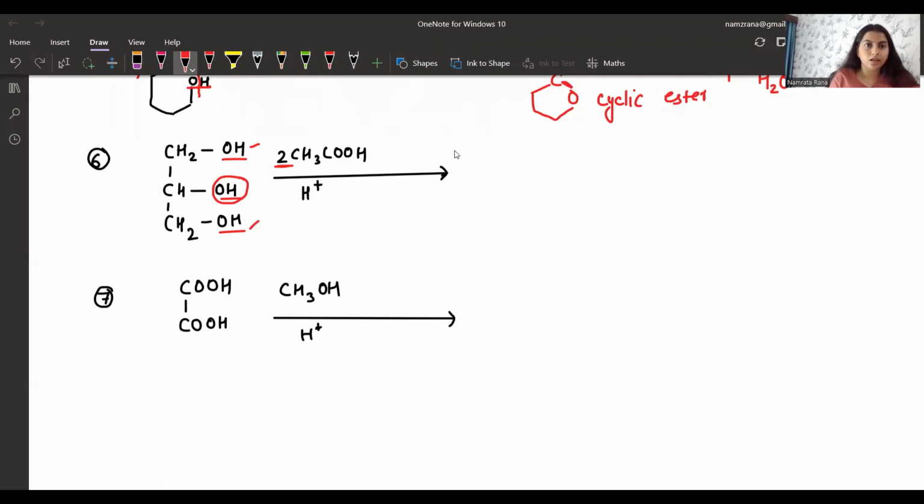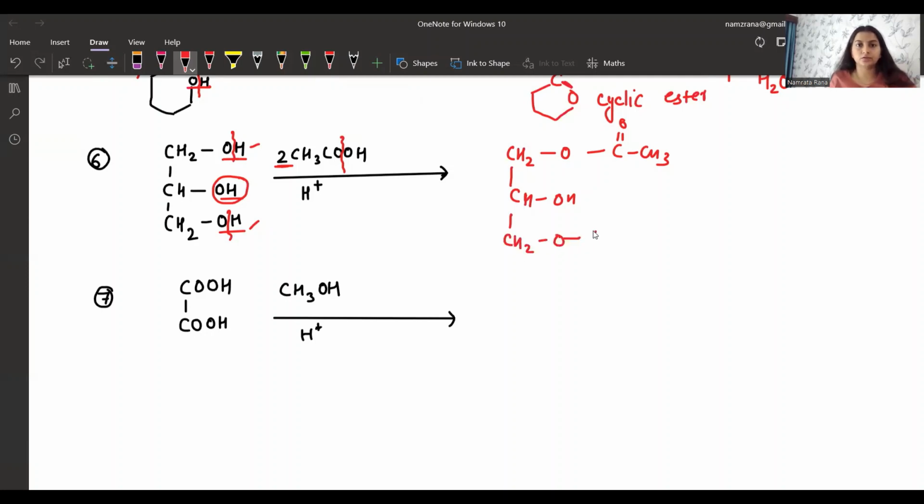So we need to cleave this OH bond and this OH bond. You need to cleave this COOH bond of the acid. You will be getting CH2O, C double bond O and CH3. This CHOH remains as it is because there is a ratio of 3:2. So you need to select the 2 OH groups.